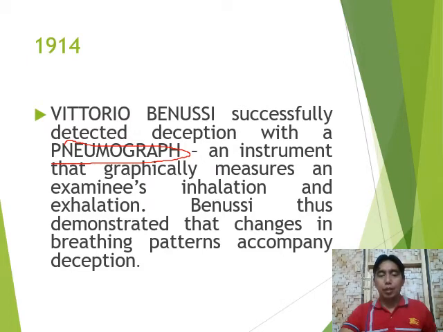The way he did it was, he invented a gadget or machine which is capable of graphically measuring an examinee's inhalation and exhalation. We don't know how he did this, but what he measured was only the inhalation and exhalation.